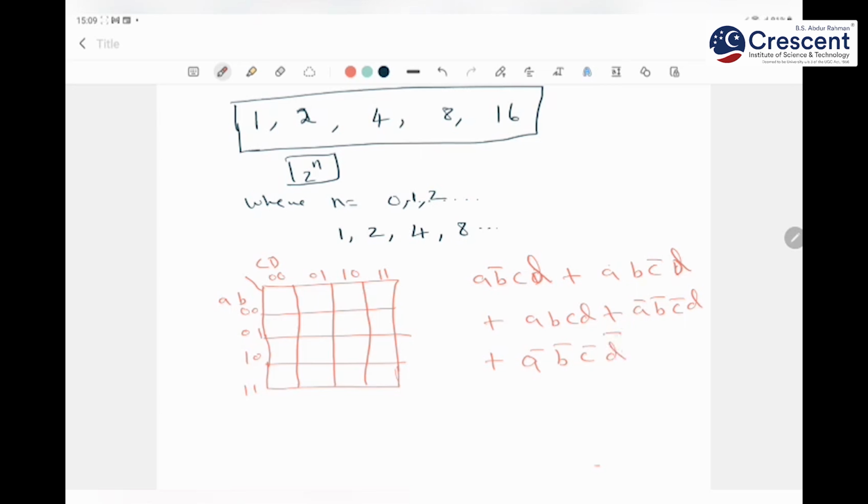Some different combinations, this is just an example. So the first term is A B bar C D, this will be the first one. Then A B C bar D, this will be the second term, and A B C D will be the third term.